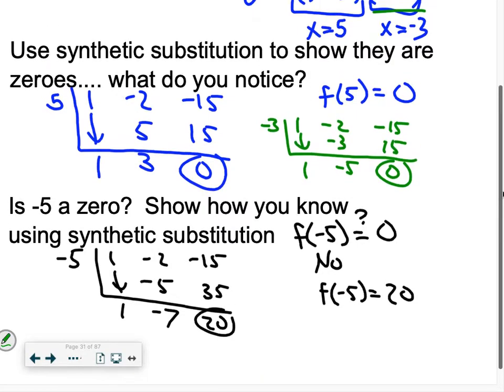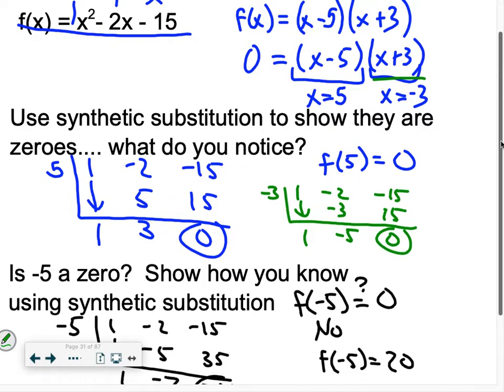Now, we did that before in target 9, but what I want you to notice is kind of a byproduct of synthetic substitution. These two things that are left actually show us the other factor. And synthetic substitution is really closely related to division of polynomials.